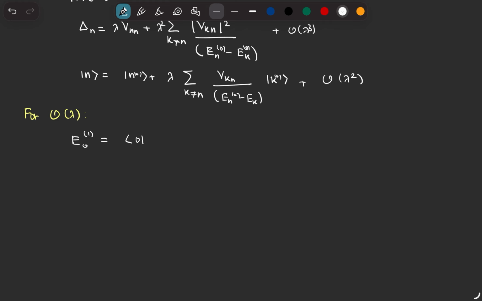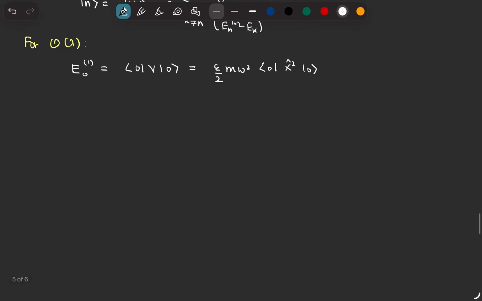Which is epsilon by 2 m omega squared times <0| x hat squared |0>. Now we will use the A's and A daggers.